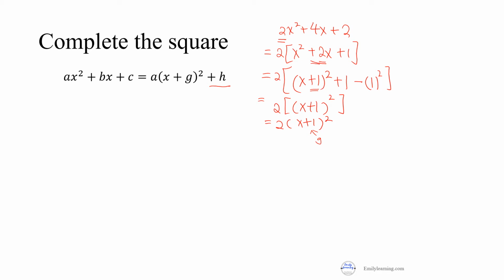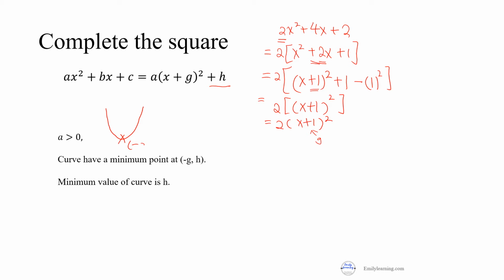So why do we want to complete the square? When we complete the square, it allows us to find the minimum and maximum value depending on the type of equation we have. When a is greater than 0, the quadratic curve looks like this. For this type of curve, you have a minimum point, and this minimum point is given by minus g comma h.